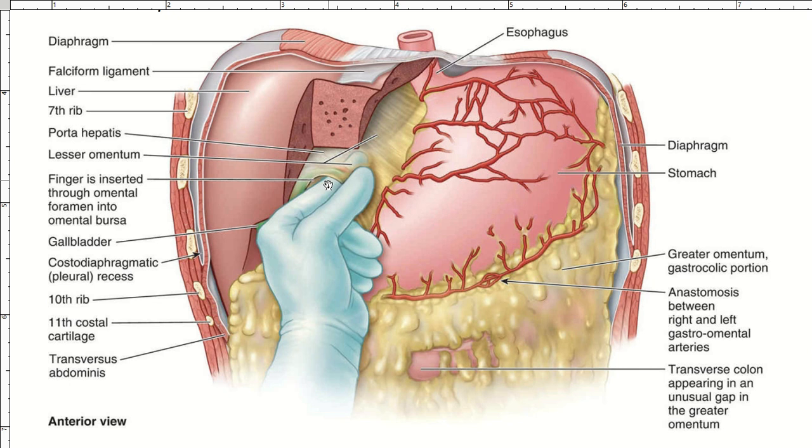What is important about this is to understand its boundaries. This foramen is going to have a superior boundary, inferior boundary, anterior boundary, and posterior boundary. Let me start with the anterior boundary.